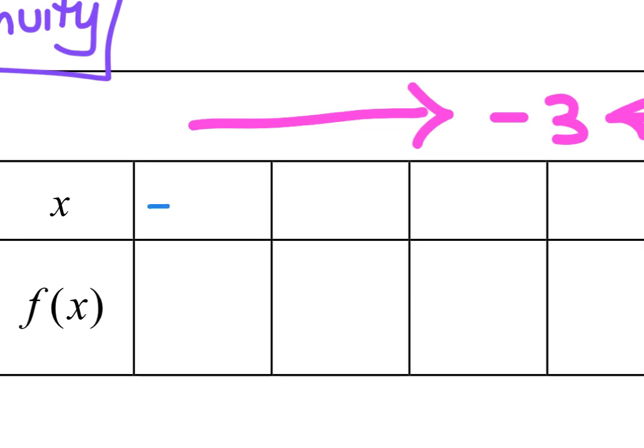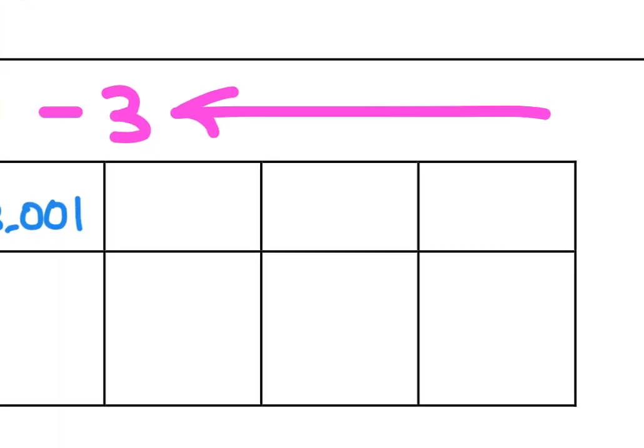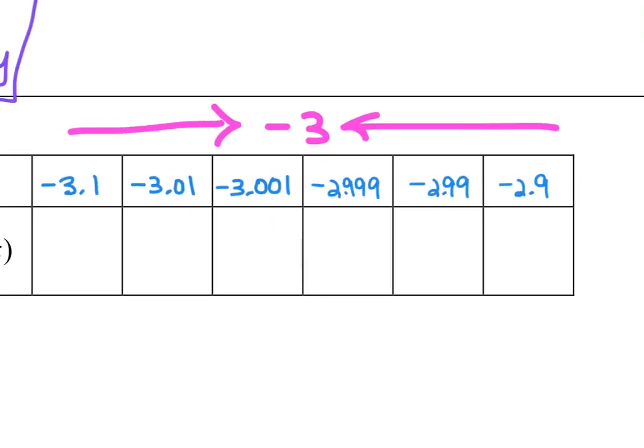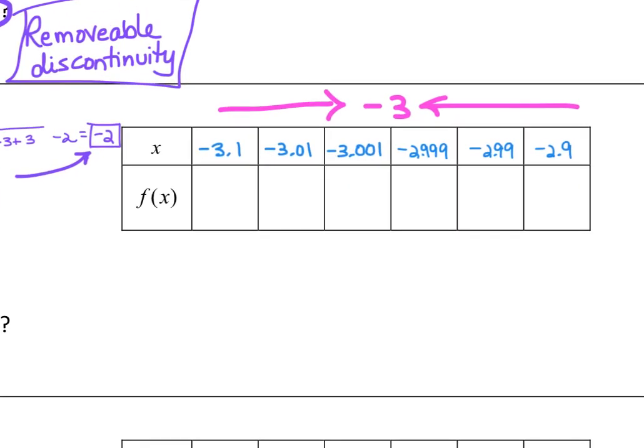This is going to be your -3.1 and -3.01 and -3.001, and then filling in your x values from the right is going to be -2.9 and -2.99 and -2.999. So go ahead and pause the video and finish filling in the table and come back in a minute and check your answers.